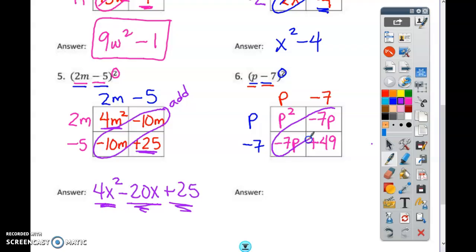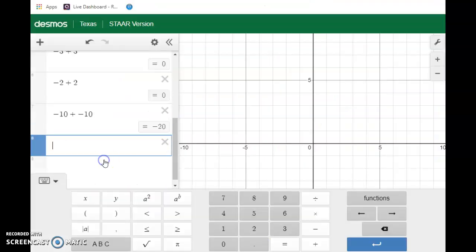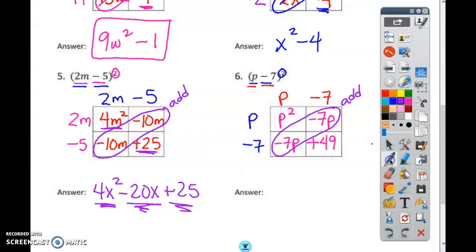Add these two. Negative 7 plus negative 7 is a negative 14. So the middle term is going to be negative 14p, right? Because they both have a p. The first term is p squared, and then the last term is plus 49.